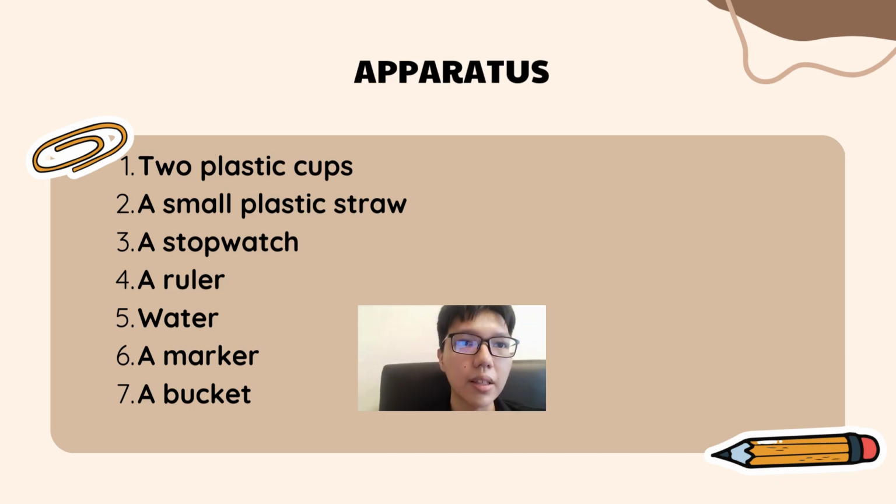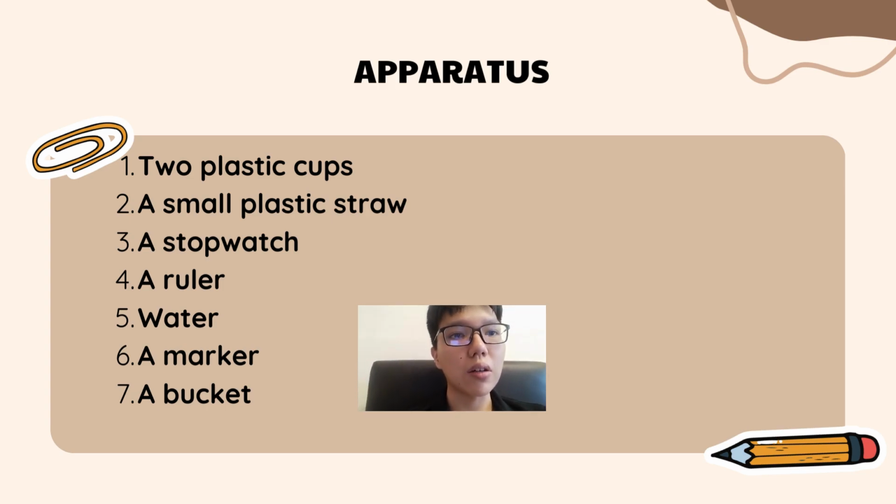For the apparatus used in this experiment, we need two plastic cups. Then, we need a small plastic straw to connect the two cups and allow the water to flow from the higher position to the lower position. Next, we need a stopwatch to record the time for the water to flow from the initial height of cup A to another cup.